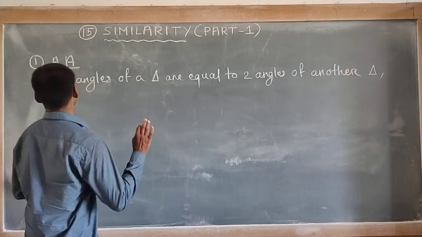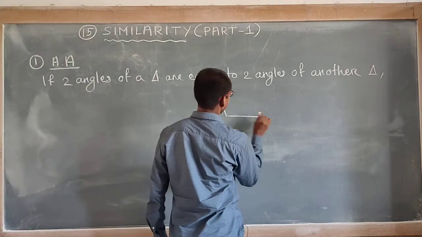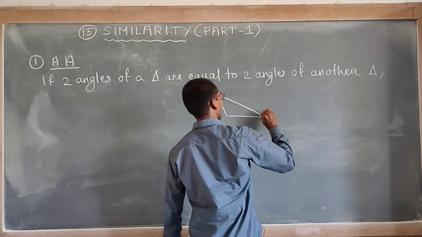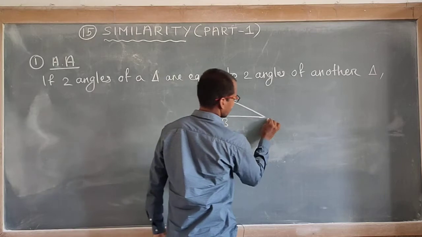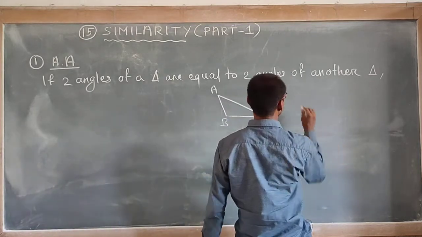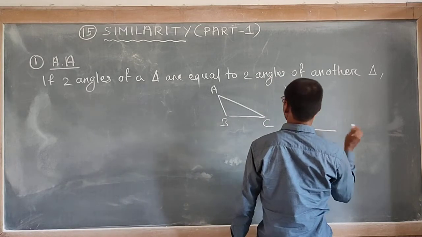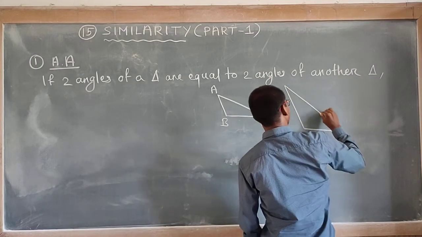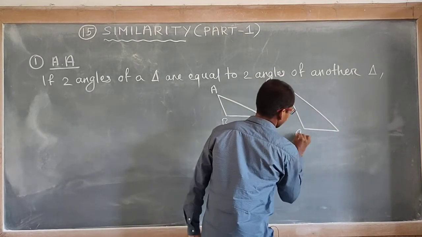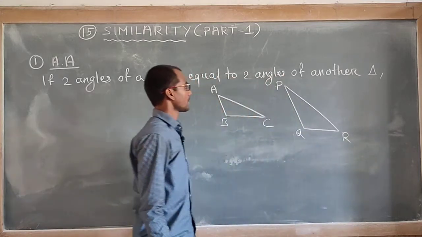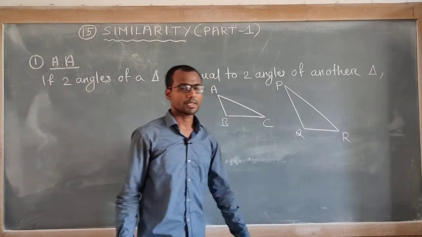So let us draw two triangles. A, B, C. Suppose P, Q, R. So it is given that two angles of this triangle are equal to two angles of this triangle. Then they are similar.